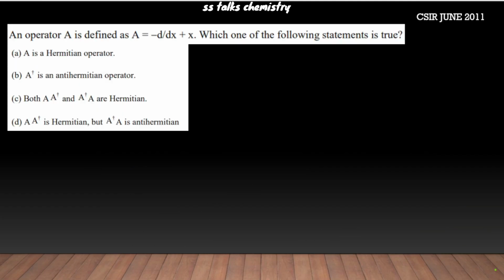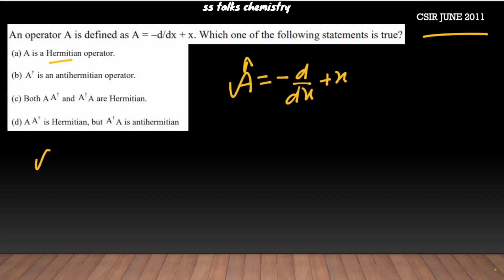Next, this question now. Again, June 2011 only. An operator A is defined as minus d by dx. The operator A is minus d by dx plus x. Which of the following statements is true? So this is regarding the Hermitian and anti-Hermitian properties.